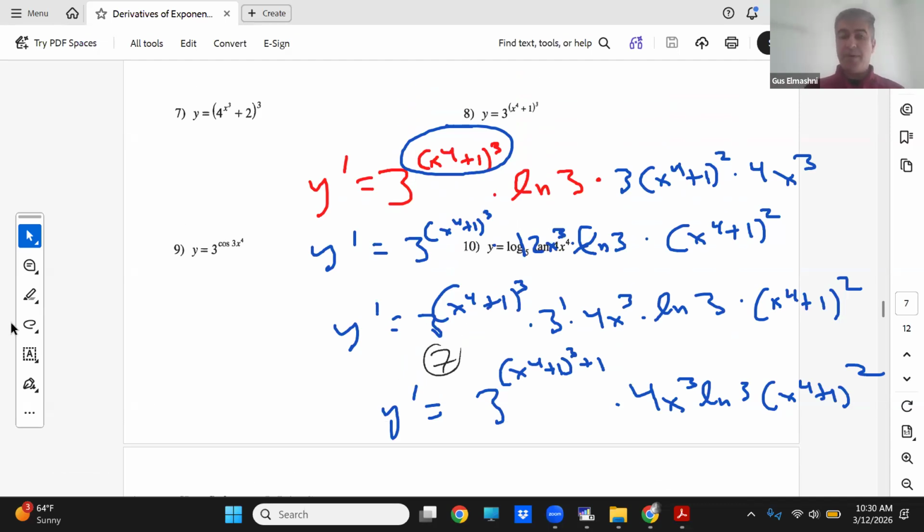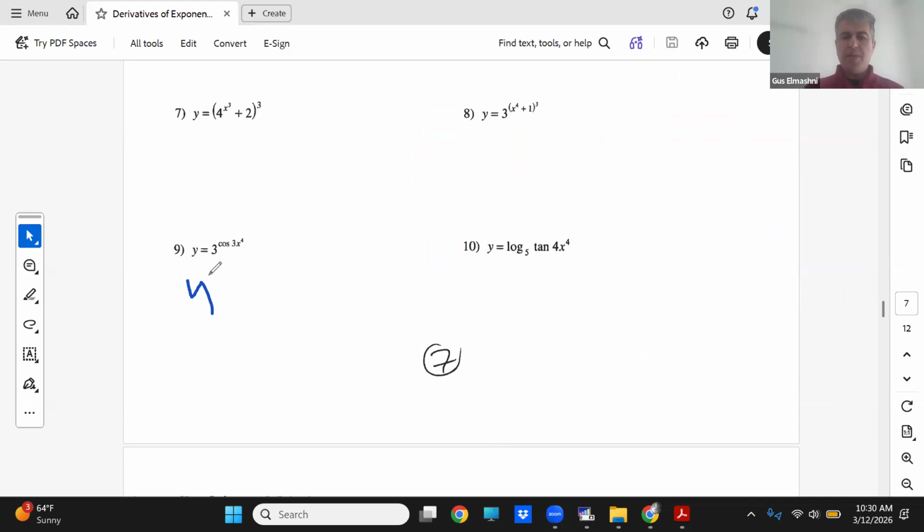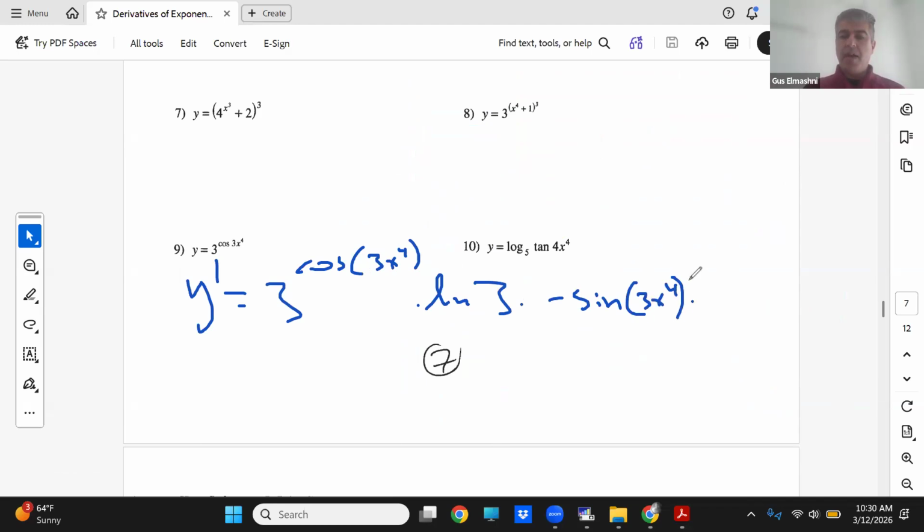For 9, yes, about 9 too, Marie. Yeah, it's probably the same thing. So it's 3, keeping that intact, right? So that's 3 to the x^4 power times natural log of 3. Then derivative of cosine is negative sine, so negative sine of 3x^4, and times the derivative of that inside, which is 12x cubed.